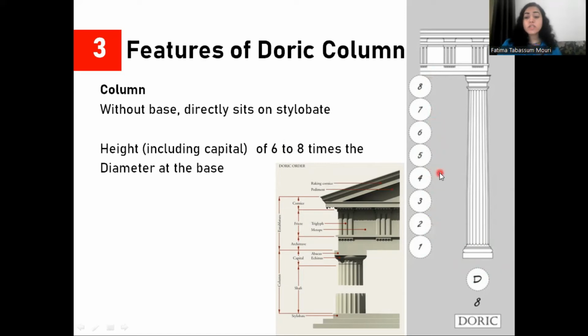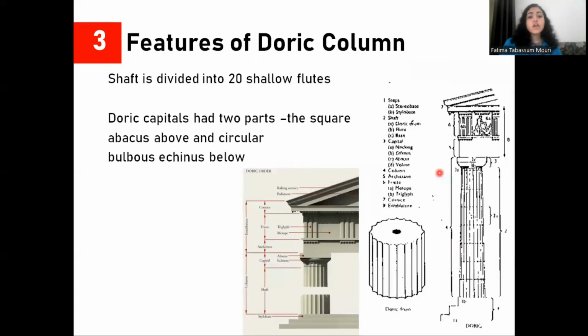This ratio makes the Doric column much more robust. As it was a robust column, it needed to look a little slender. So the Greeks used 20 shallow flute-like designs to make it look a little slender than it actually was.